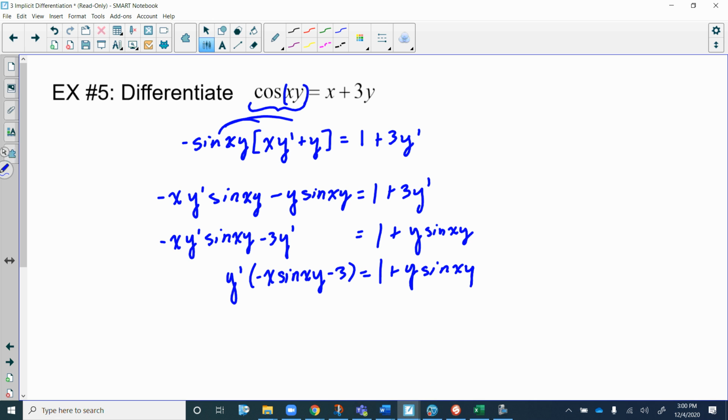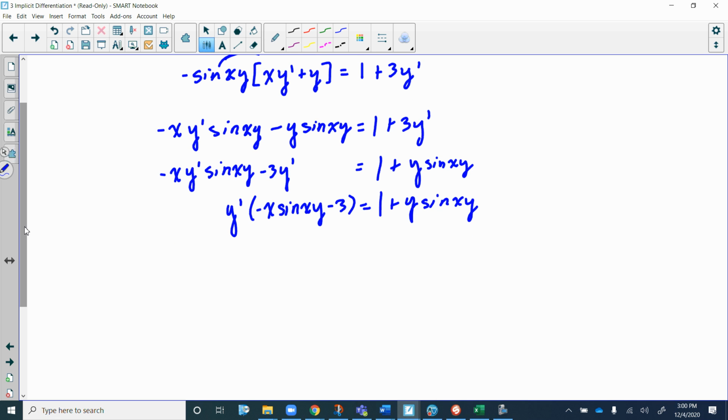So I hope you're starting to see why I like to use y prime, because if we had to write a bunch of dy dx's here, we're already having to rewrite a lot of things anyway, and that would just make things really more complicated than they needed to be. So finally divide, and we're going to get y prime, or dy dx, to be equal to 1 plus y sine xy divided by negative x times sine xy minus 3.